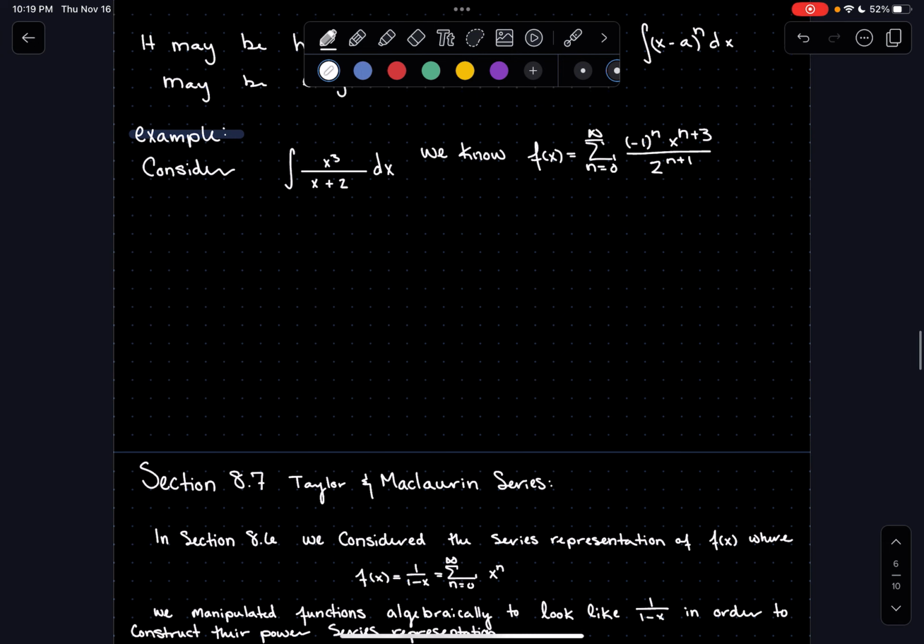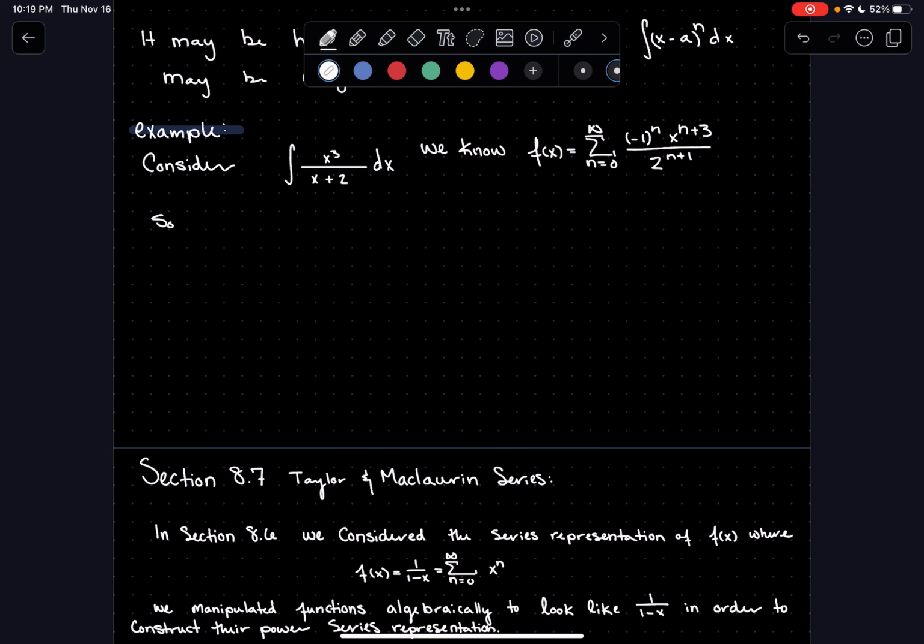So we get that the integral of f of x dx is equal to the integral of the sum from n equals 0 to infinity of negative 1 to the n, x to the n plus 3 over 2 to the n plus 1, right? I can bring this integral inside.